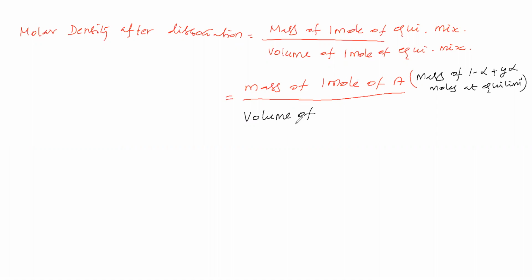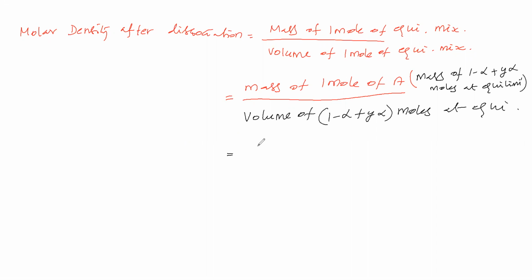So for the denominator, we have to write the volume of this; we will substitute the volume of (1 minus alpha plus Y alpha) moles at equilibrium. So the denominator we have substituted like this.